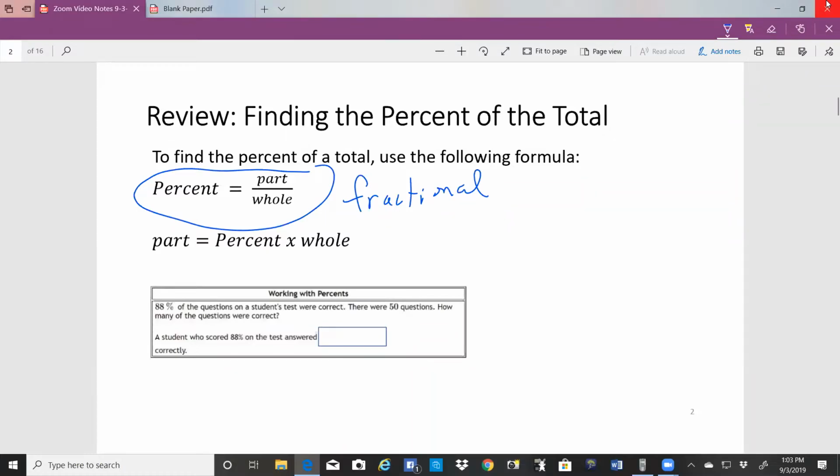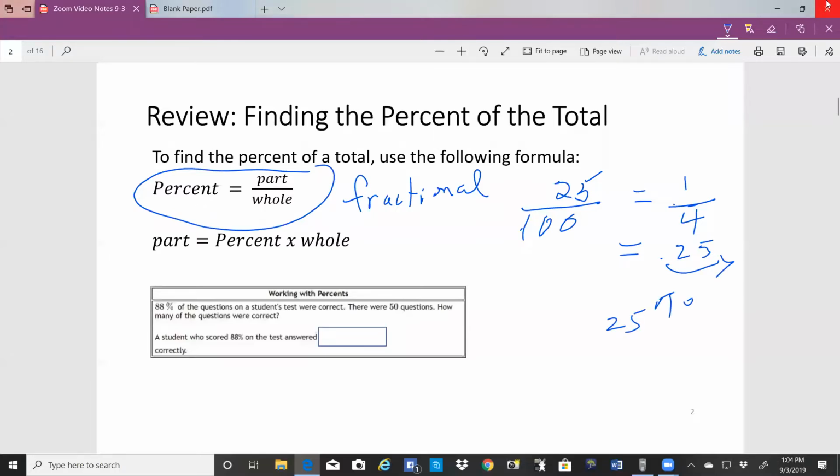So if you were sharing, say, 100 pieces of candy and you got 25 of them, the percent that you have as a fraction is 25 over 100, or 1/4, which is equal to 0.25, which you convert to percent is 25%.